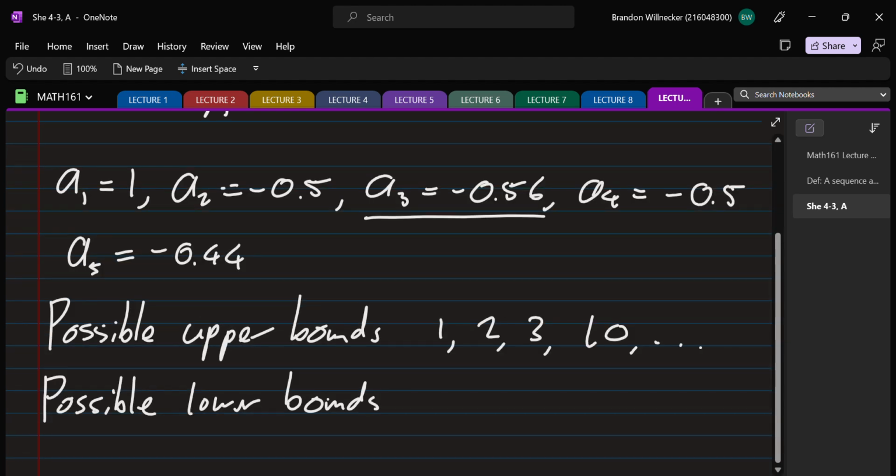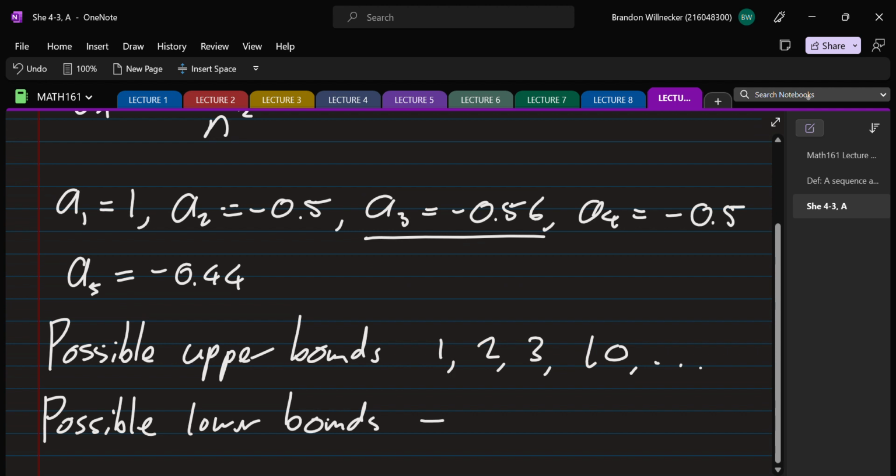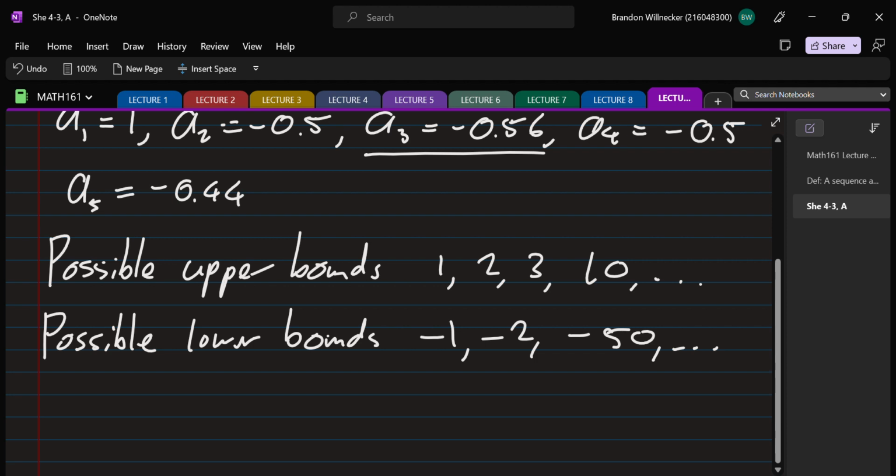We see that minus 0.56 looks like the smallest in this list. Again, if you add more terms, you'll see that it is. But we could put minus 1, minus 2, minus 50 if you want. Anything like that, those are lower bounds. It will never get smaller than that value. But we need to prove that. We can't just write it down.